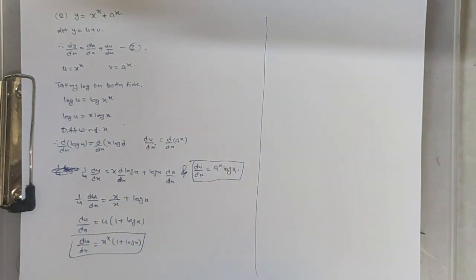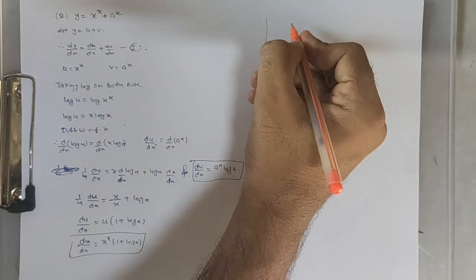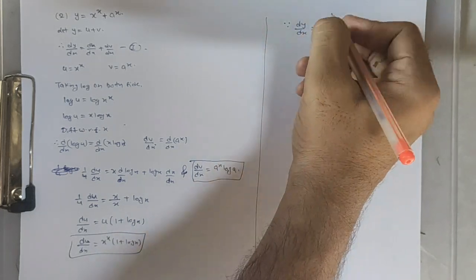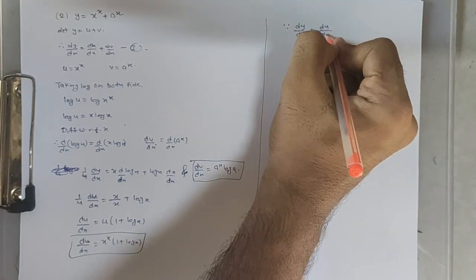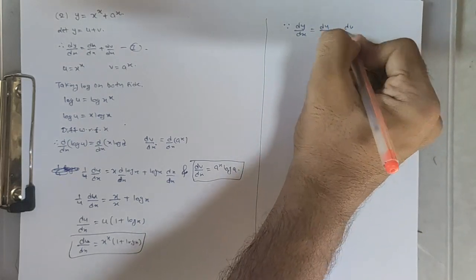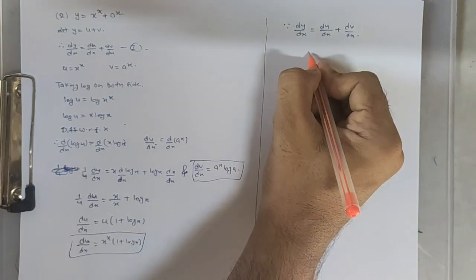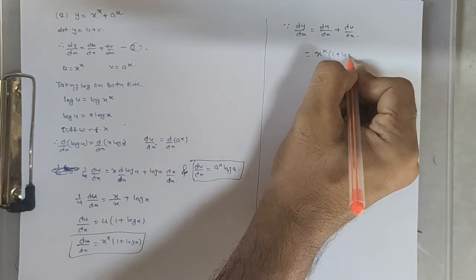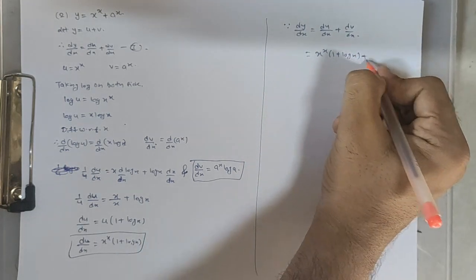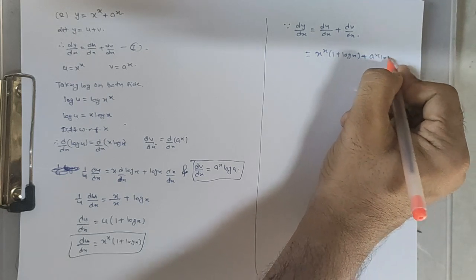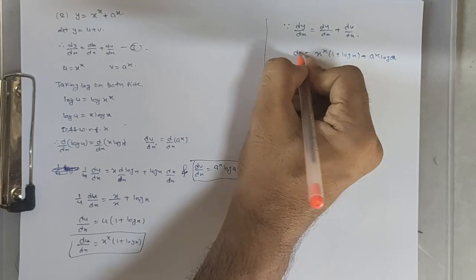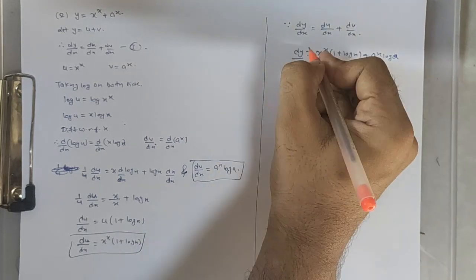So finally, since dy upon dx is equal to du upon dx plus dv upon dx, we will replace du by dx by x raised to x (1 plus log x), and dv upon dx by e raised to x log a. This is our final answer.